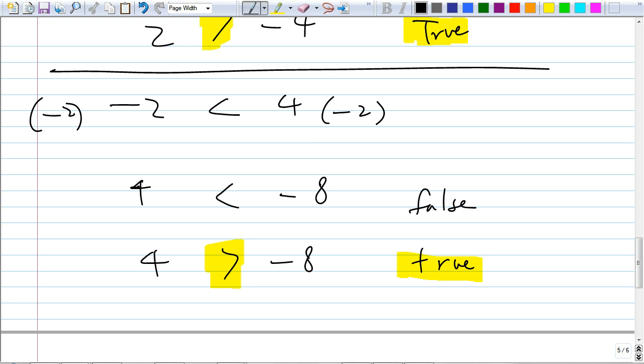Yes? Now, how come we don't reverse it when we multiply by a positive number? I mean, positive number, or add by positive or add by negative and so forth? Kevin, why not? Yes, the smaller side will remain the smaller.